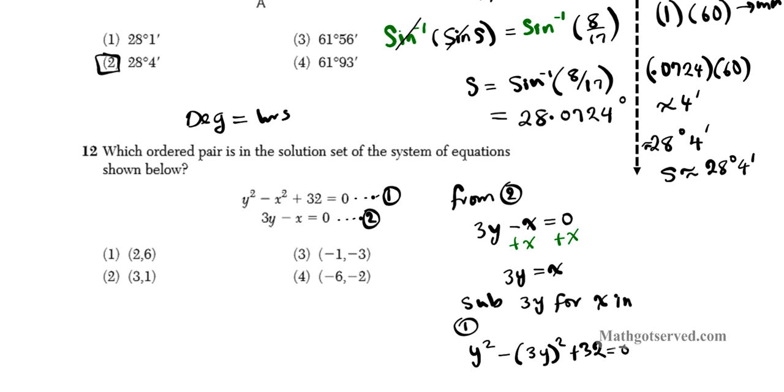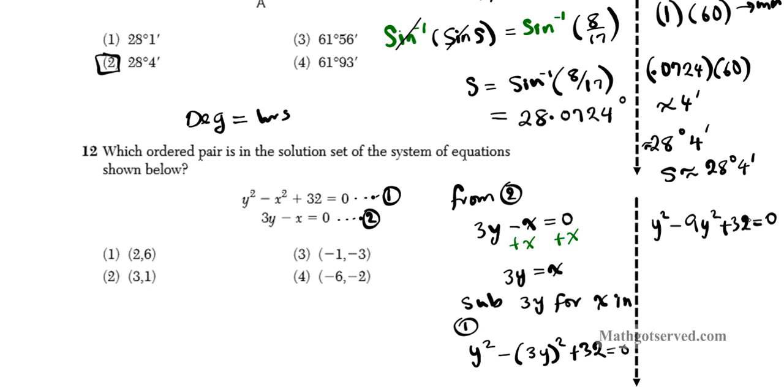Okay, so let's go ahead and solve that for y. So we're going to have y squared minus, if you square 3y, do not forget to square the 3 and the y. Okay, so that makes this 9y squared plus 32 equals 0.